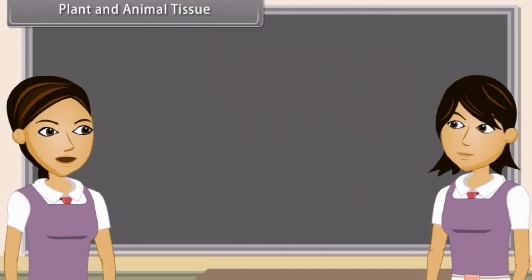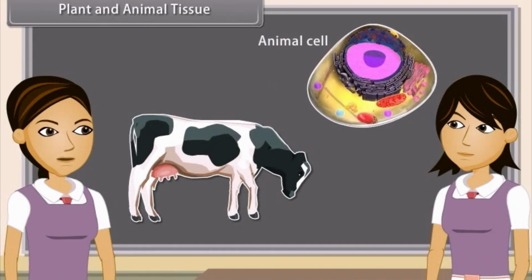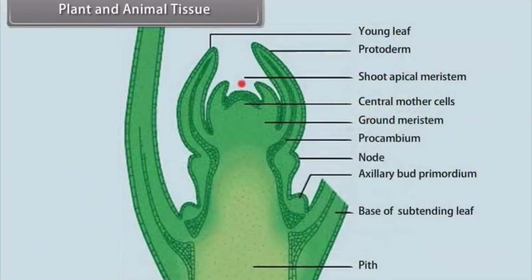Yes, I know that animals are heterotrophic and have to move around in search of food, mate and shelter. So they need more energy in comparison to plants. That is why most of the tissues in animals are living. One more big difference between plants and animals is the pattern of growth.